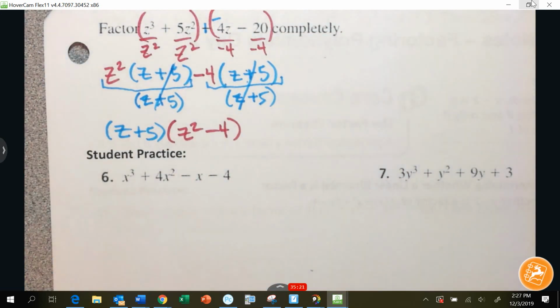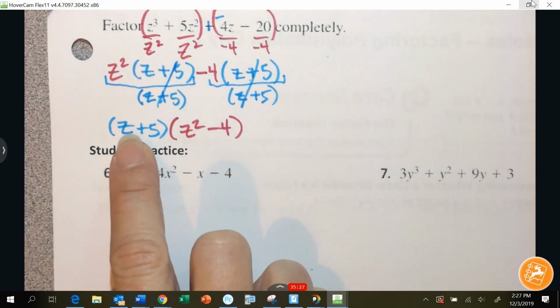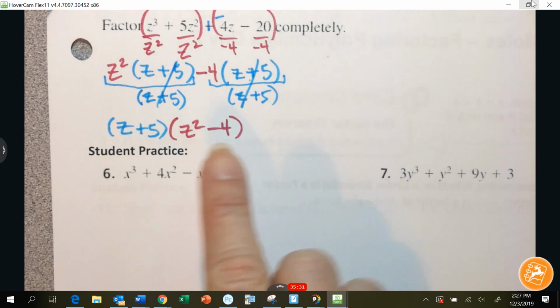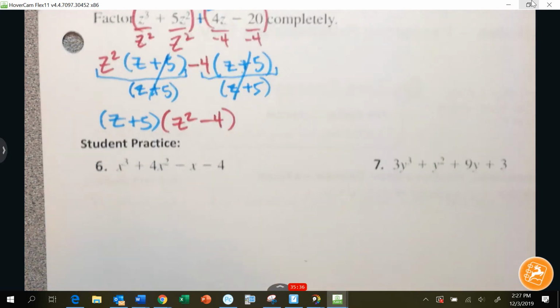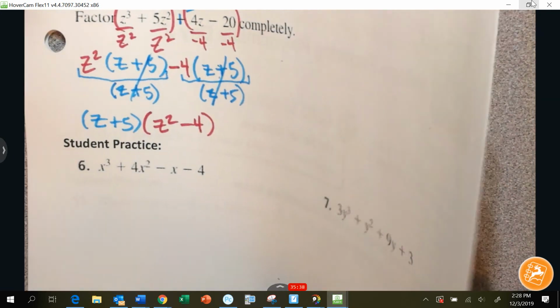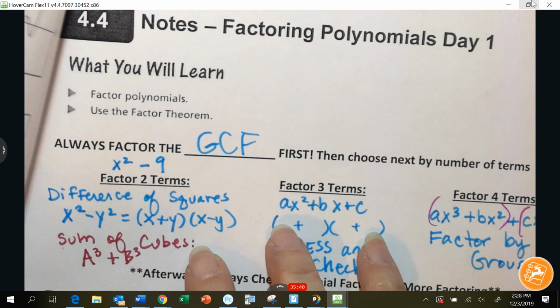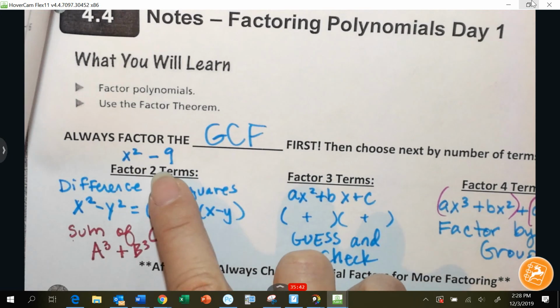But guess what? We aren't done. Because z plus 5, is that to the first power? Yes. Okay, well that one's done. Is z squared minus 4 to the first power? No. So now we have to go back through how we factor stuff, the flow chart, and this is two terms.